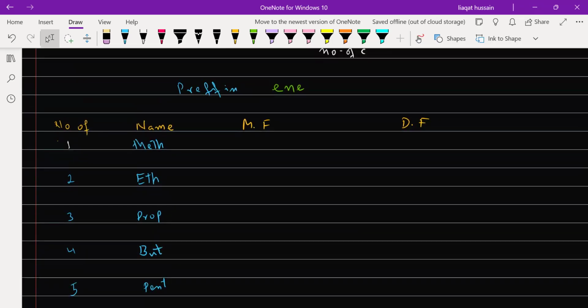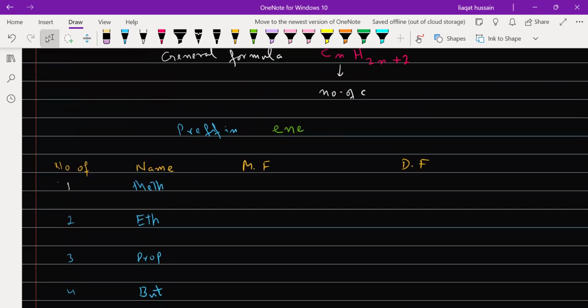How to write the molecular formula of alkanes? You have to put ane here.